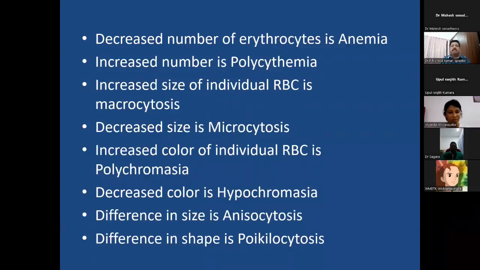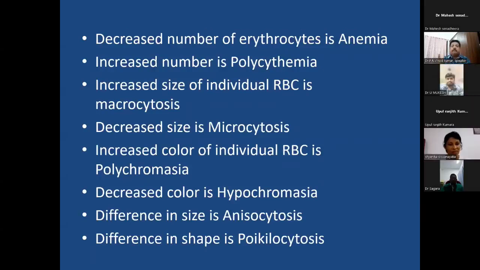Difference in size is anisocytosis. Difference in size between individual erythrocytes is known as anisocytosis. This is very commonly seen in hemolytic disorders, especially in immune-mediated hemolysis. Then also, there can be differences in shape, sometimes round, sometimes cylindrical, sometimes teardrop shape, sometimes ellipsoidal.